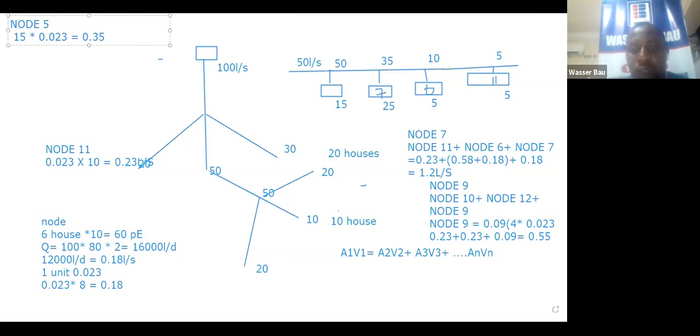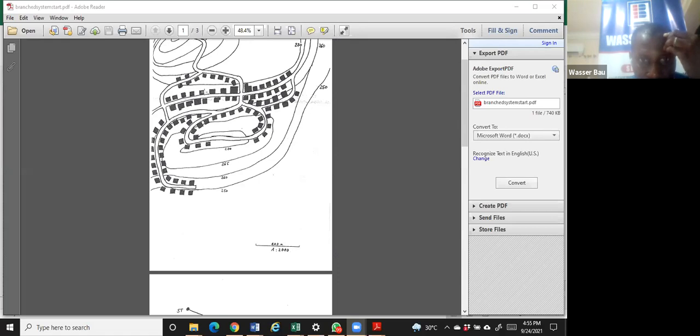Then we move to node 3. So node 3 again is 1, 2, 3, 4, 5, 6, 7, 8, 9, 10, 11, 12, 13, 14, 15.